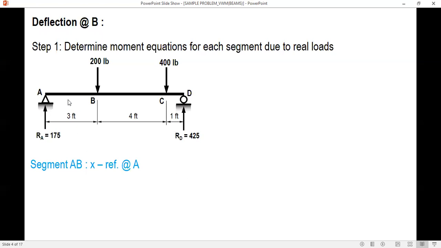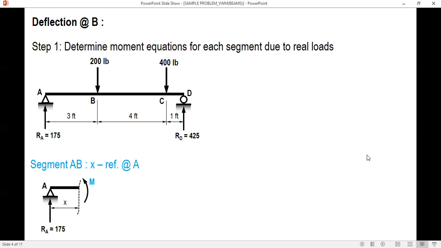Okay, so analyzing segment AB, you cut a section somewhere in between A and B. We have this one. So the distance x is referred at A. Using sign conventions from shear and moment diagrams, if you analyze the left side of the cutting section, the direction of moment is counterclockwise.